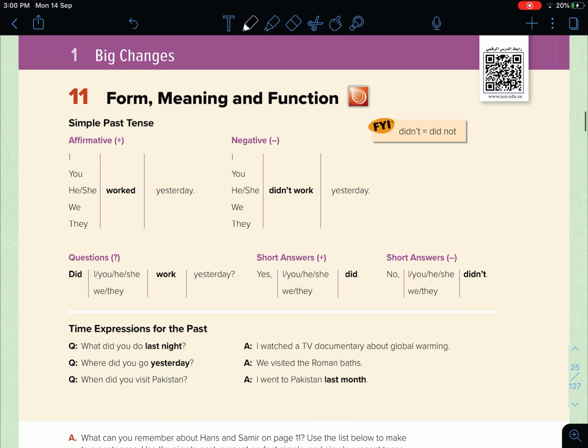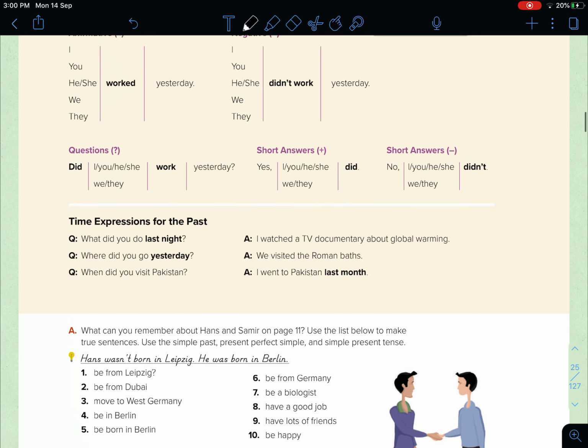Okay, so move to page 16 and 17 and let's get started.